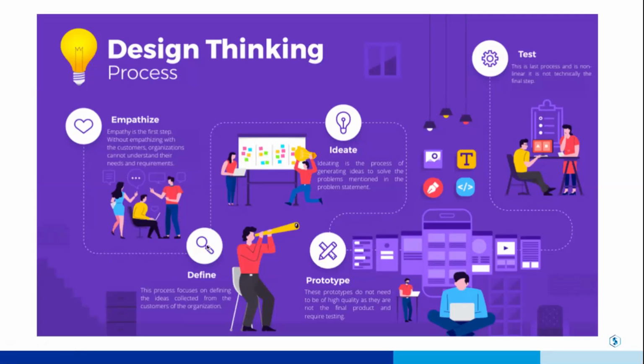The second one here is define. Here you state your user needs and problems. And here is time to accumulate the information that you obtained during the empathize stage. You analyze your observations and synthesize them to define the core problems that you and your team have identified.